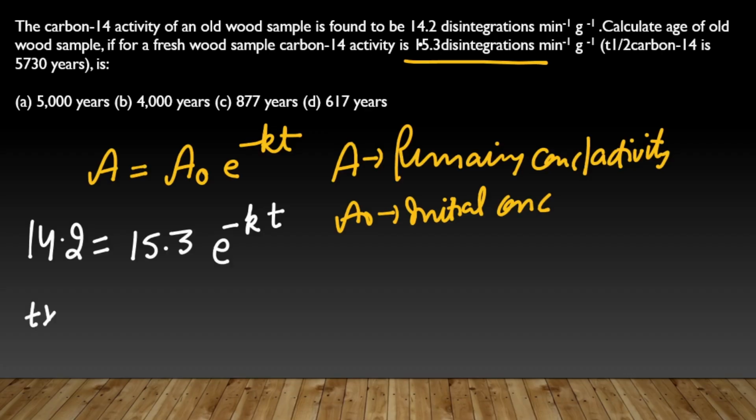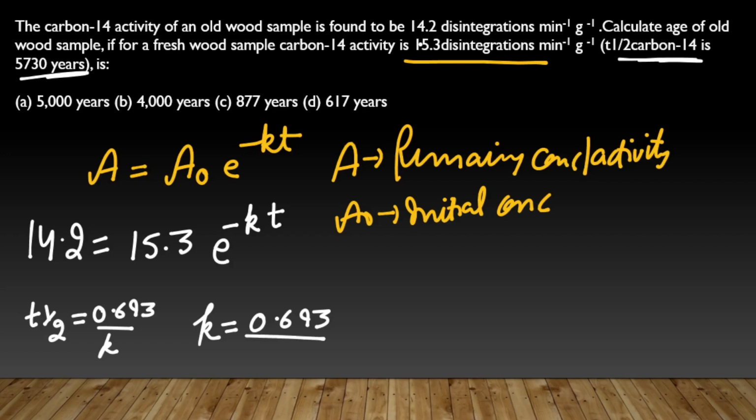For the first order, we know that T half value is 0.693 by k. T half of carbon-14 is already given to us, which is 5730 years. So from this the rate constant value is going to be 0.693 upon 5730 years.